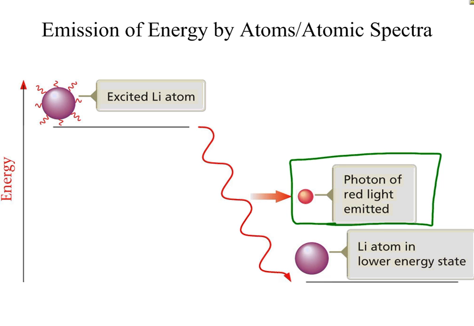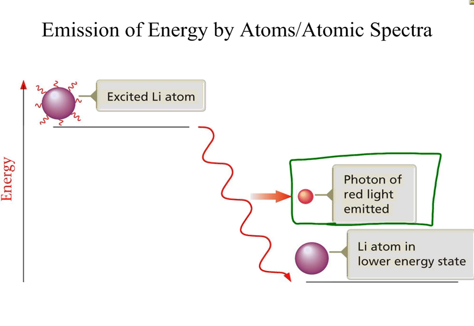In this case, it's lithium emitting a photon of red light. And what we found is that through the study of adding energy to atoms and seeing what wavelengths of light are given off, we're able to learn a little bit about the energy states of the atom.